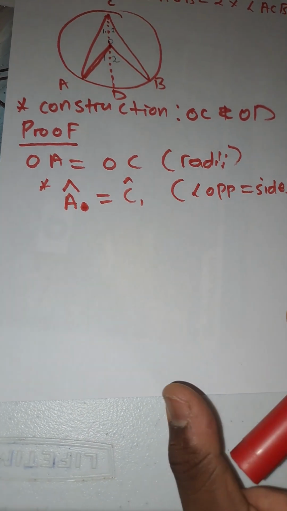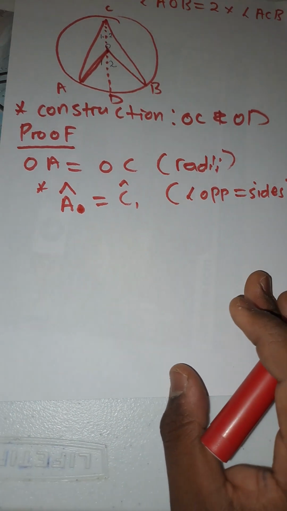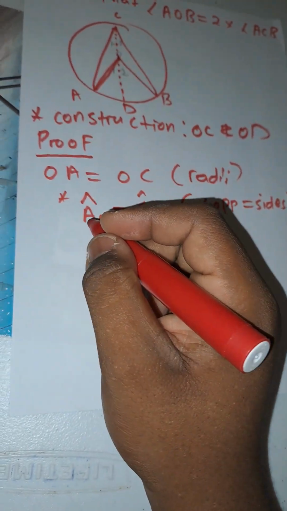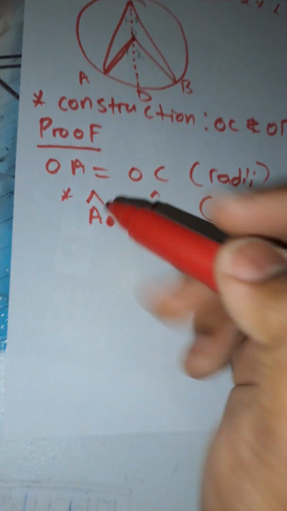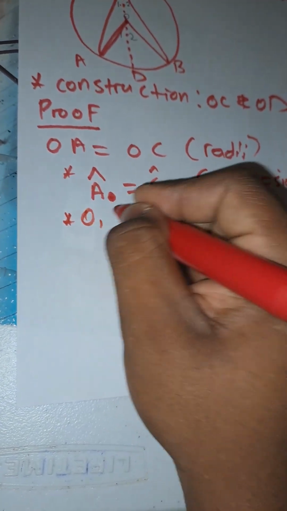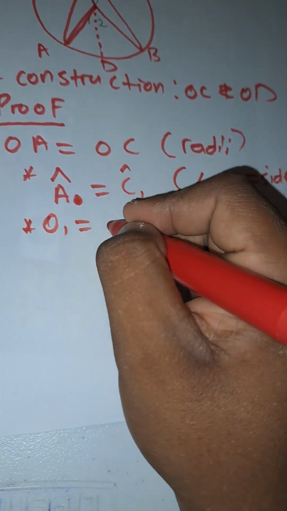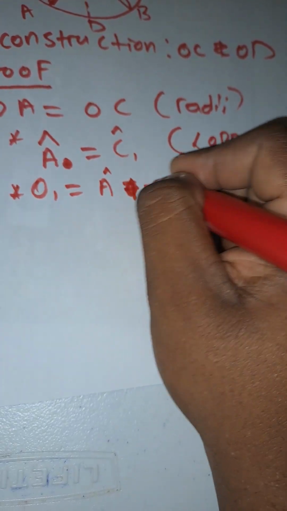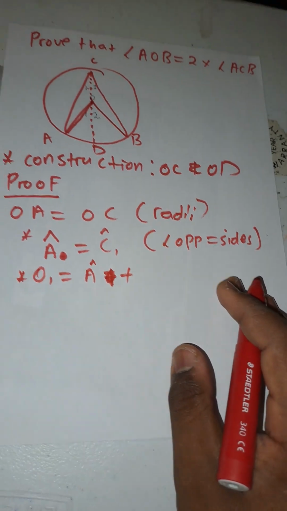I'm gonna say O1, it is equals to A plus C1. So let's continue. O1, which is this one, right? So O1, it is equals to angle A plus C1.